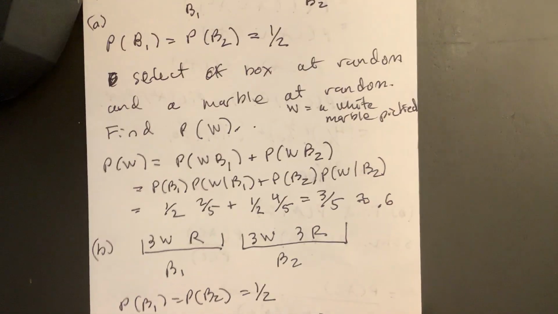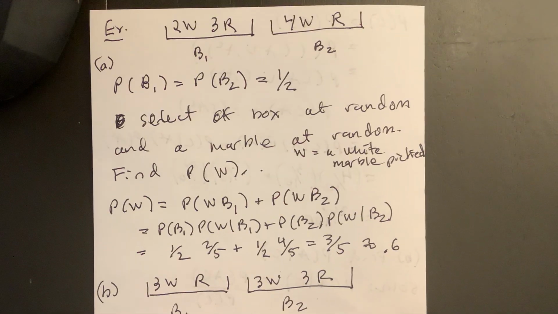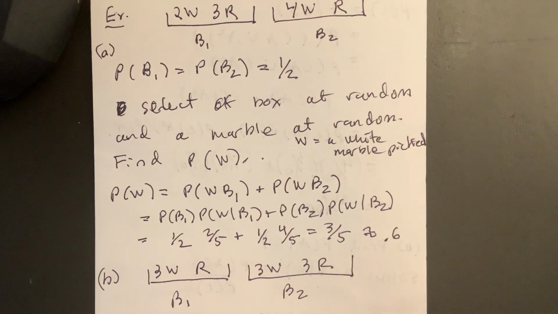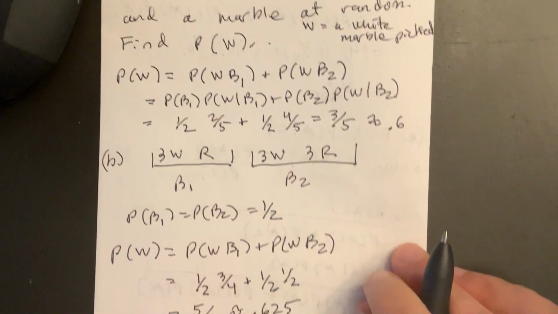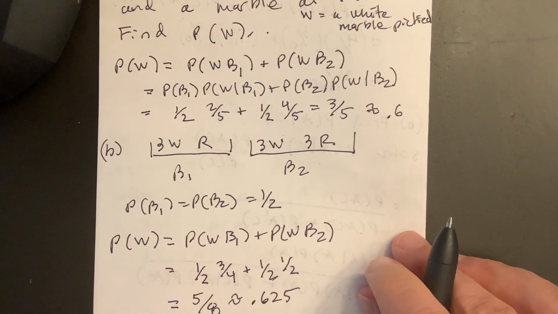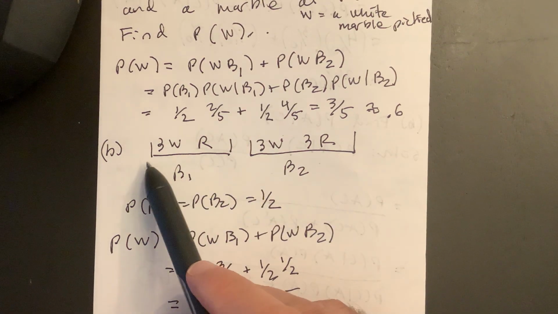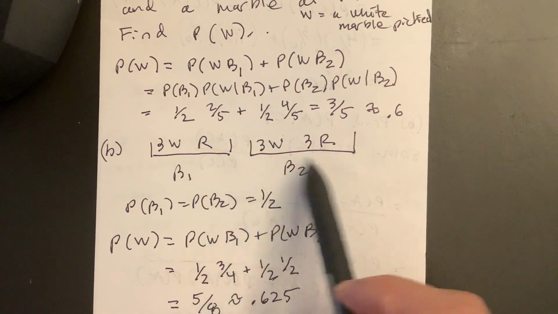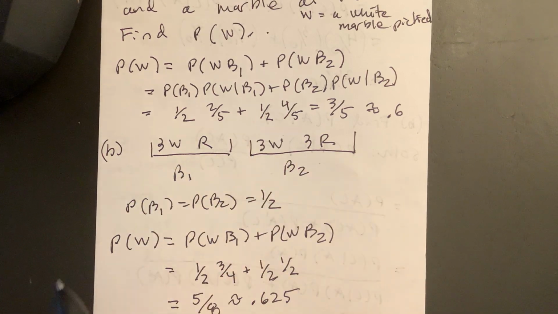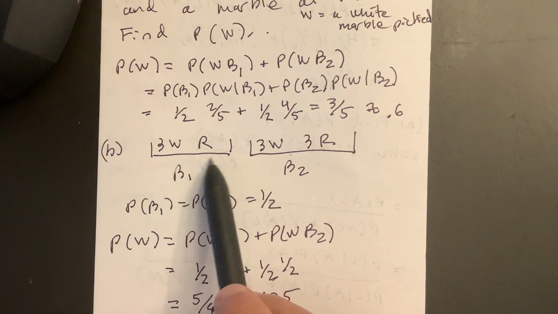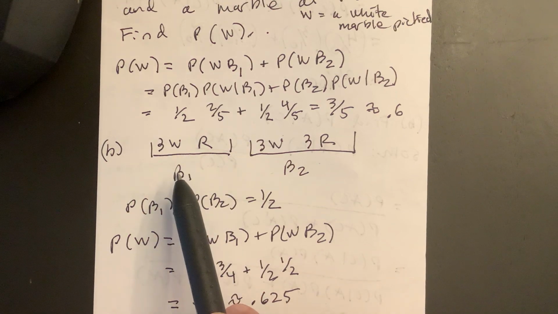So I couldn't really do it by just counting all the white balls and taking that fraction, even though the selection of either box was the same. The reason is I no longer had 5 balls in each. The probability of a white went way up here in box 1.